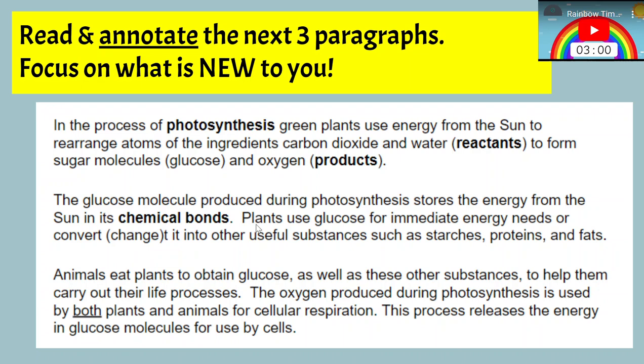Plants use glucose for immediate energy needs or convert, which means change it into other useful substances like starches and proteins and fats. Animals eat plants to obtain glucose as well as these other substances to help them carry out their life processes. The oxygen produced during photosynthesis is used by both plants and animals for cellular respiration. This process releases the energy in the glucose molecules for use by the cells.